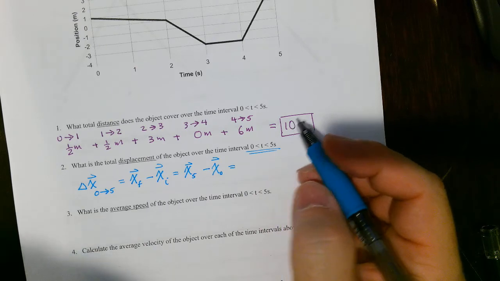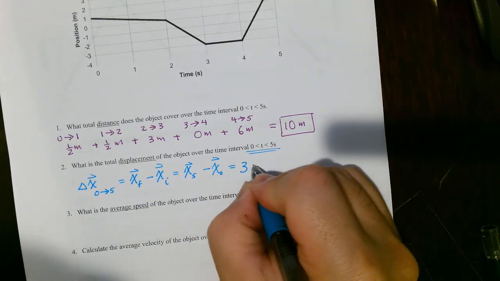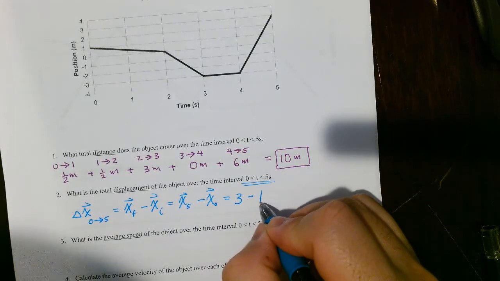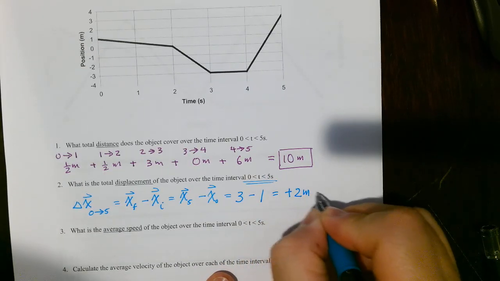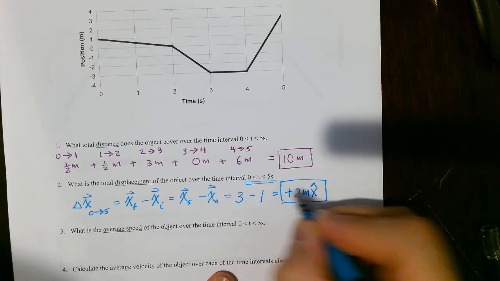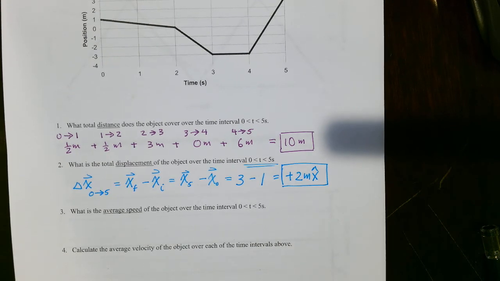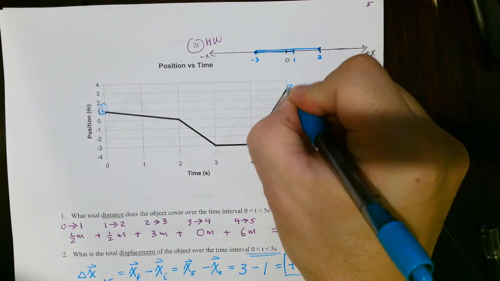So x5 is positive 3 minus x0 is positive 1. Okay. So I have positive 2 meters x hat is my change in position, or my displacement from 0 to 5 seconds. All right. Again, this is the initial position and this is the final position.